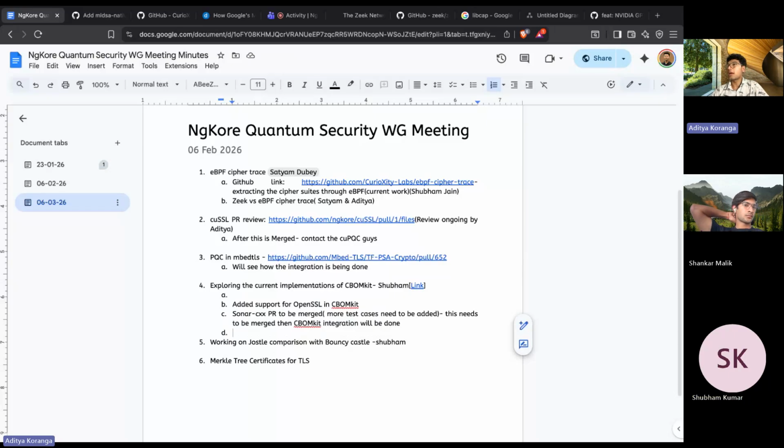When we say CBOM kit, we mean the CBOM kit library, which has the code logic of SonarQube. And the CBOM kit library itself is enough to do all the necessary things, right? It is using Sonar cryptography and other plugins in the background. Does SonarQube have a plugin for cryptography too? No, SonarQube doesn't have any plugin related to cryptography.